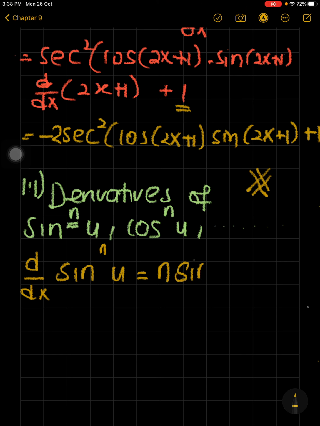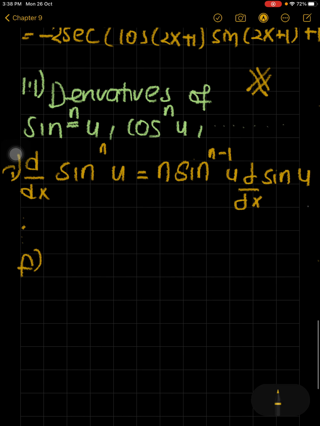NU akan kurang kan kuasa 1. Lepas tu you have to differentiate sin U without kuasa. Yang lain tu sama, sebiji-sebiji. Okay, so kita pergi kepada soalan.